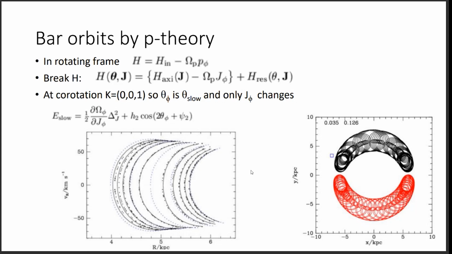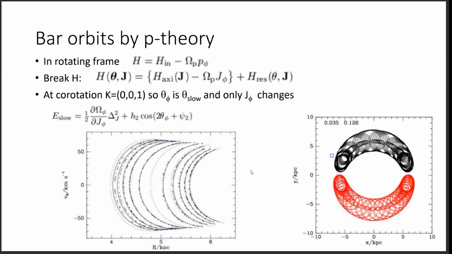At co-rotation, the resonance vector, remember, k dot omega is now equal to omega p. The resonance vector is ordered by radius, z and phi.